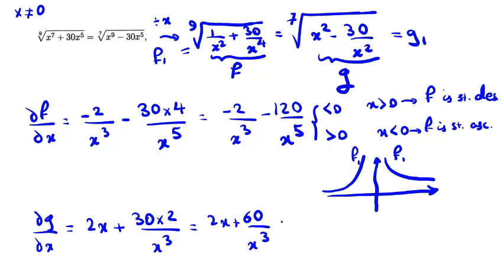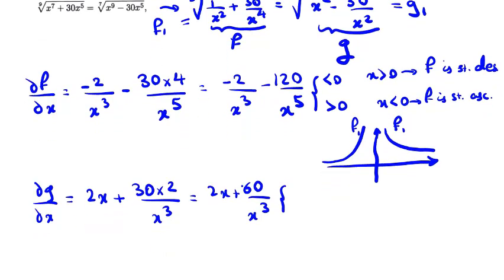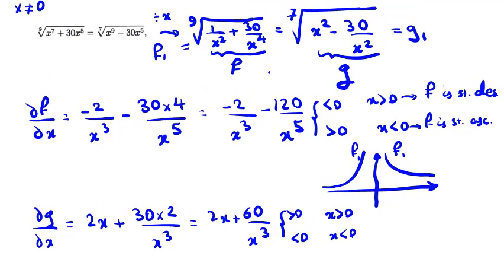So here again, for x positive, it will be positive. For x negative, it will be negative. So here you can say also when f is strictly ascending, f1 is also that. So in this case g is strictly ascending, because it is positive. Here g is strictly descending.